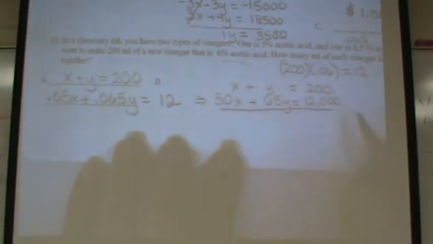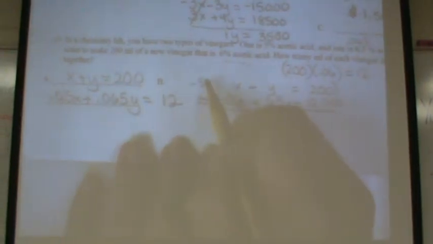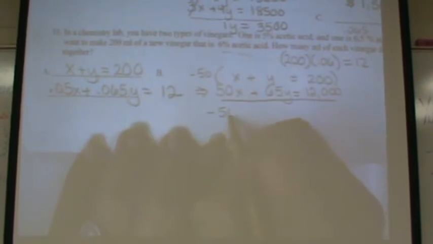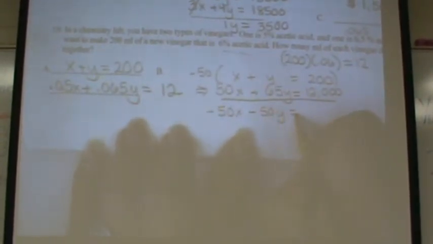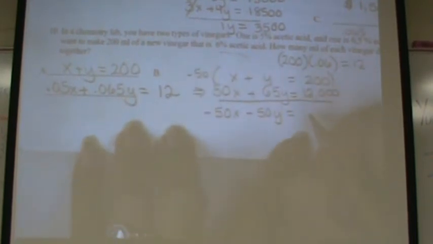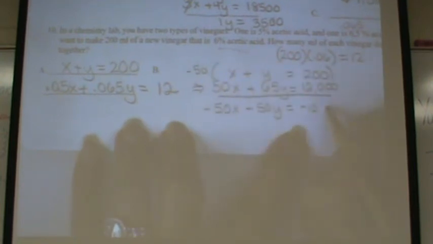Okay, top equation, I'm going to multiply by -50. So I get -50x minus 50y equals 5 times 2 is 10. It's going to be a -10 with 3 zeros. 1, 2, 3.